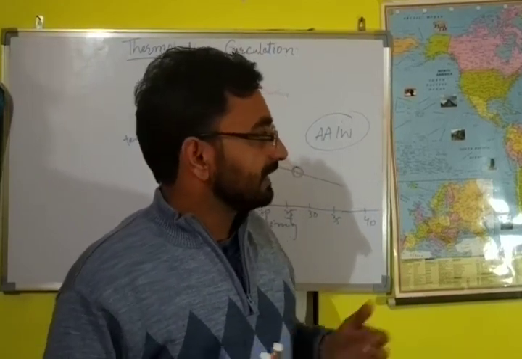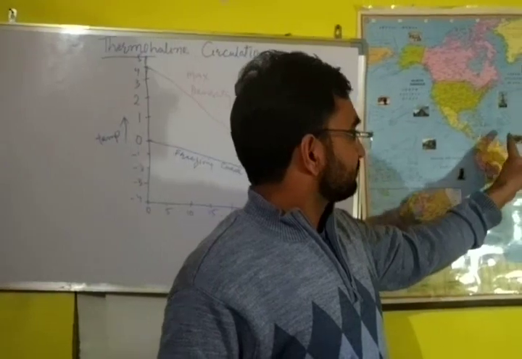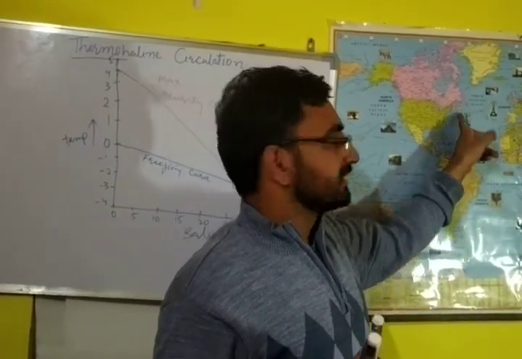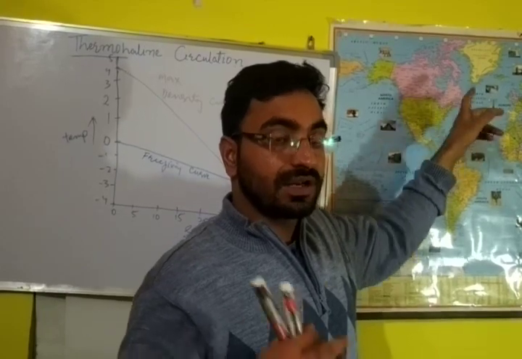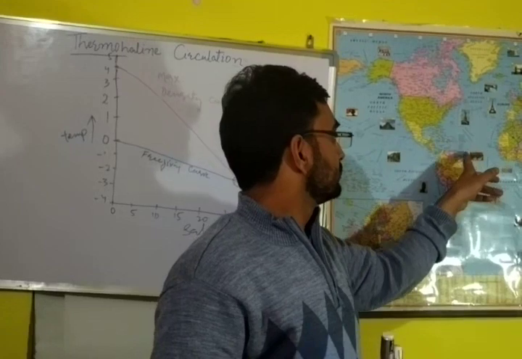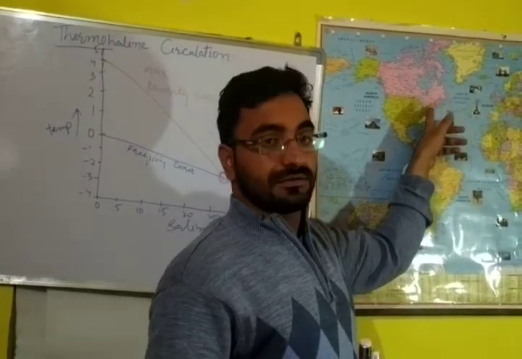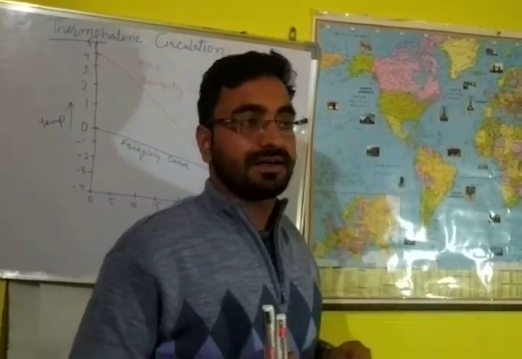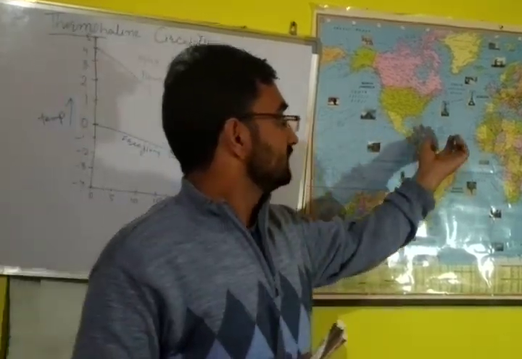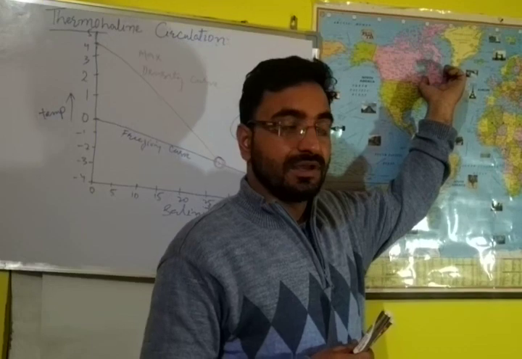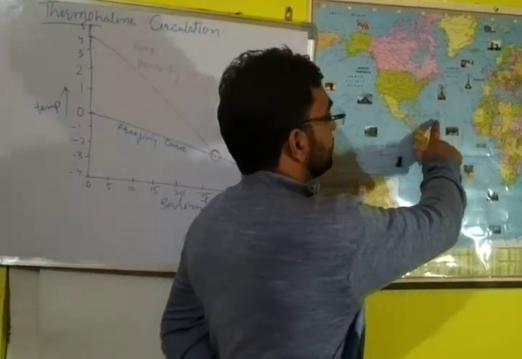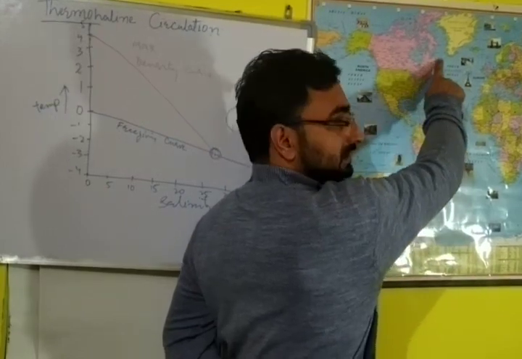Then another impact that we can see is that recent research is saying that the Gulf Stream, which is one of the surface components of thermohaline circulation and flows on the eastern coast of North America, has seen a 30% decrease. What does that mean? This Gulf Stream is responsible for taking warm water towards the polar regions.